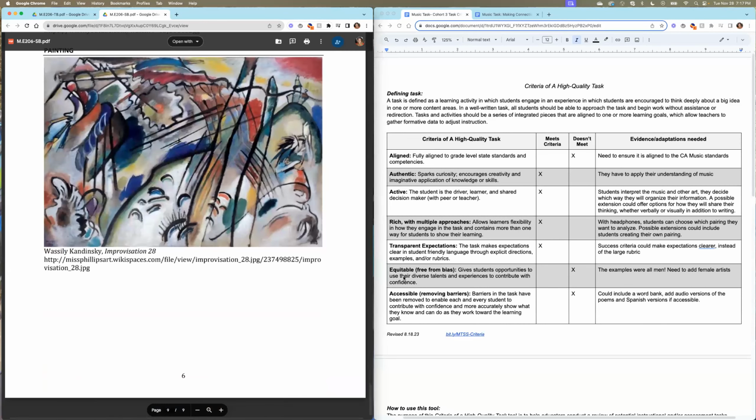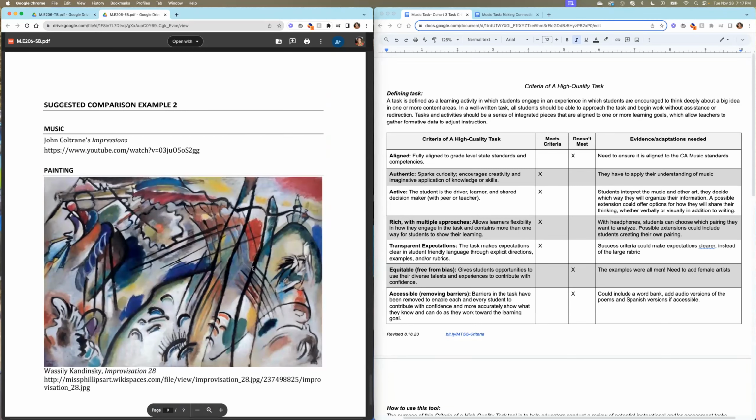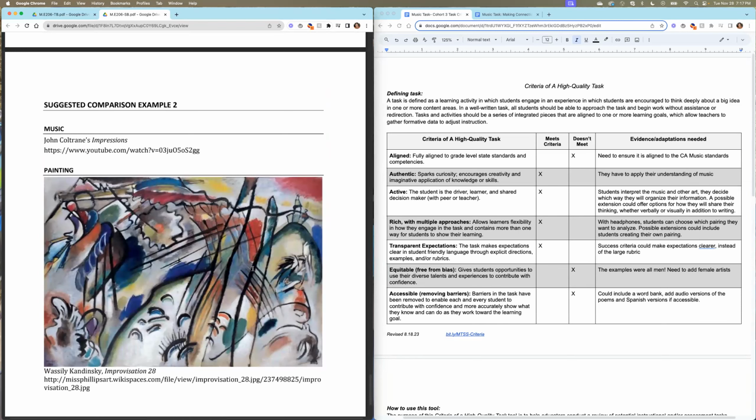So I went through this process, and obviously I started with the alignment, ensuring that whatever I looked at, I had to look at the fifth grade music standards and make sure that I adapted this task in a way that actually aligned to the standards and included the correct vocabulary. It's definitely authentic in the way that they're taking one type of art and comparing it to another kind.